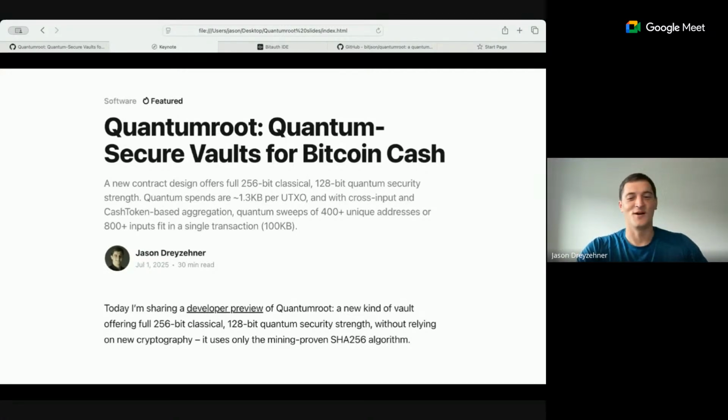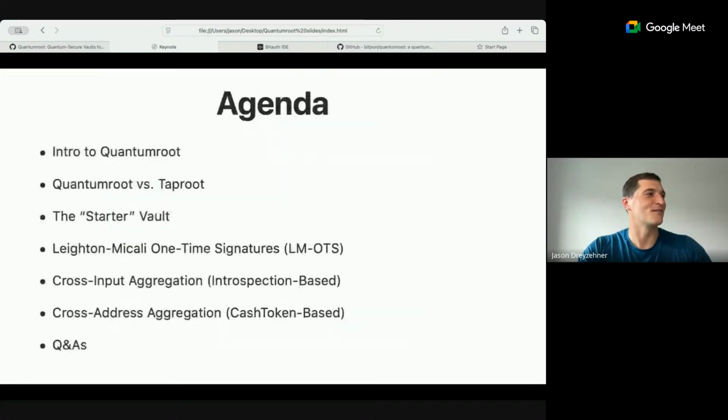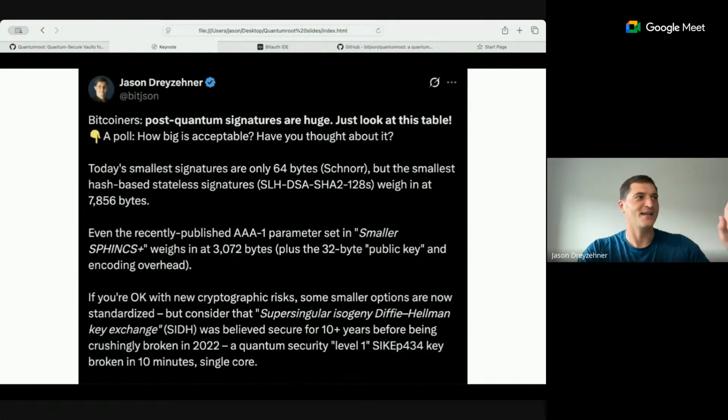So first, I do have a little slide. I had just a very high level overview here. This is a really interesting problem. Post-quantum vaults are a very interesting problem for contract development because post-quantum signatures are huge. They're much larger than what we do today, and there's also a distinct possibility that we will never get quantum computers.